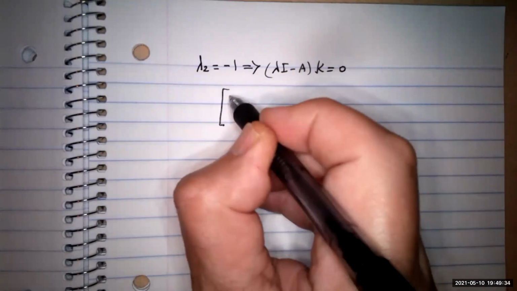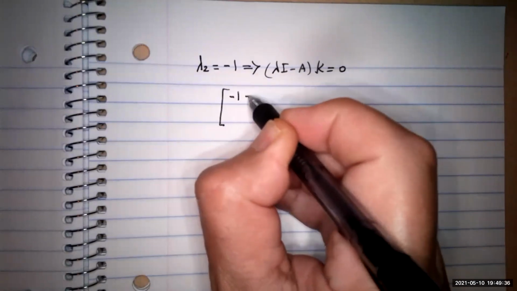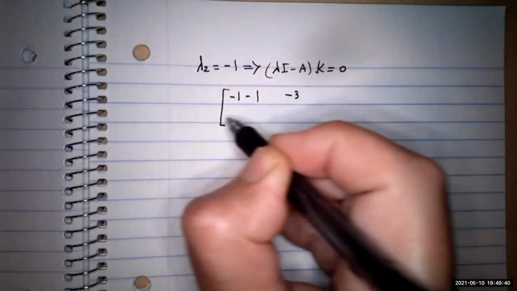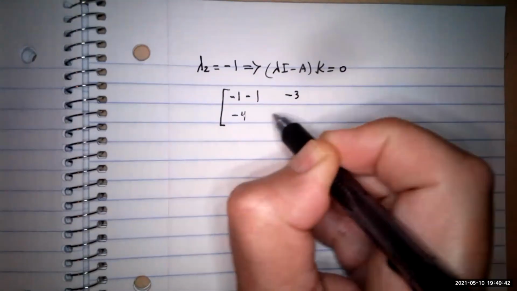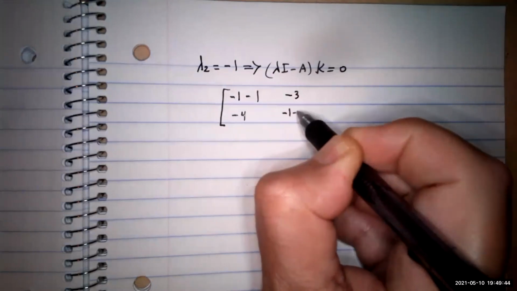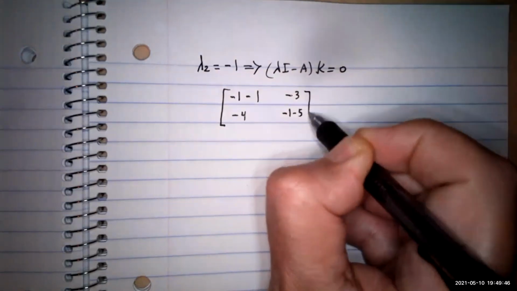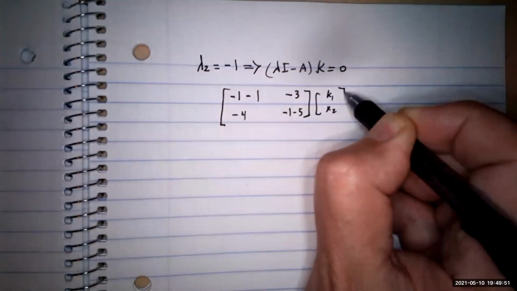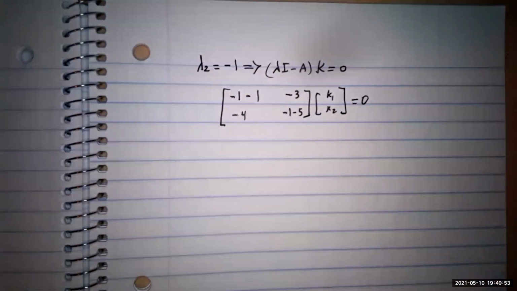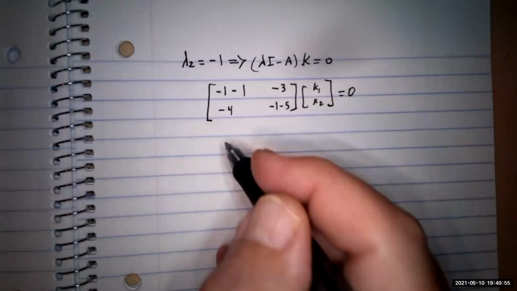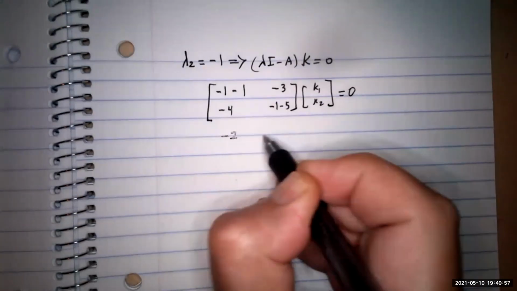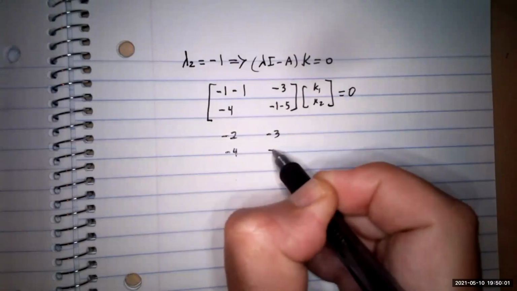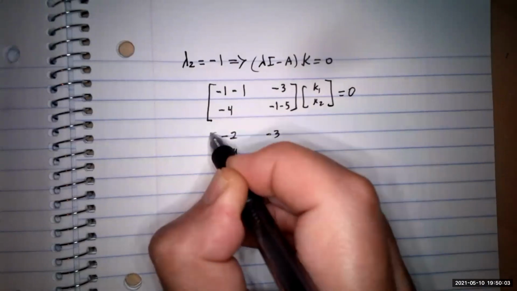Replace lambda by -1, so that gives me -1 minus 1, that is -2, and you have -3, and -4, and this is -1 minus 5. Times K1, K2 equal to 0. So that gives us -2 here and -3, and this is going to be -4 and -6.